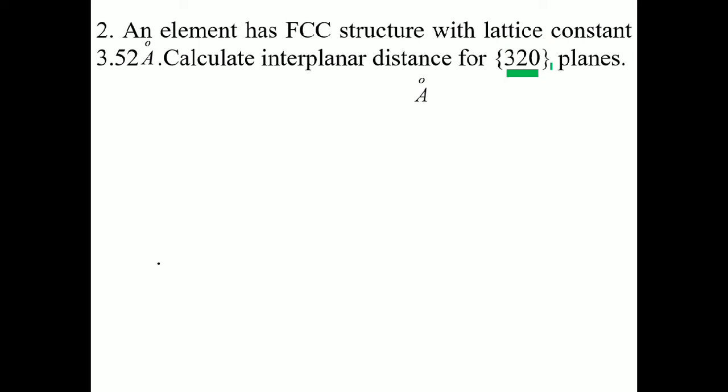This flower bracket indicates that 320 is representing a set of parallel planes. For a single plane, we use the parenthesis, that means we write the Miller indices inside the parenthesis. For a set of parallel planes, the flower bracket will be used.